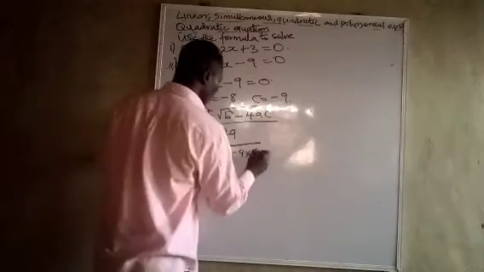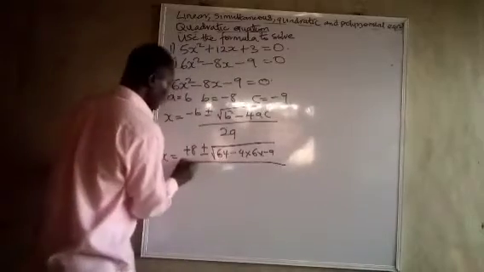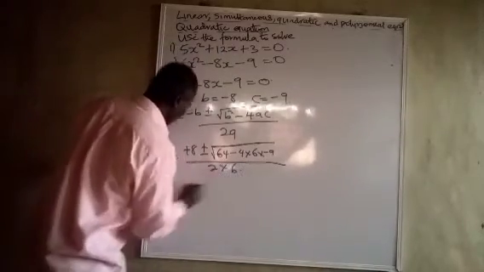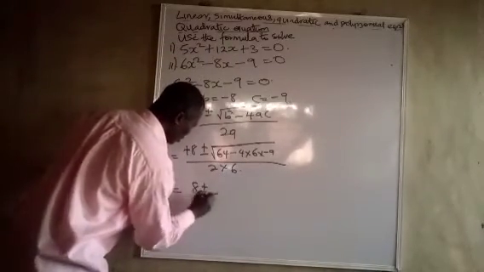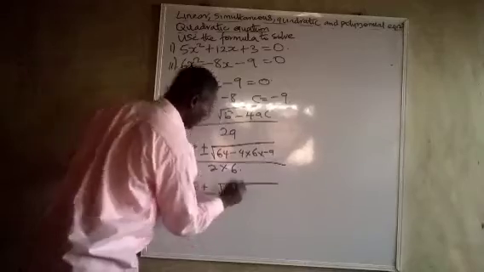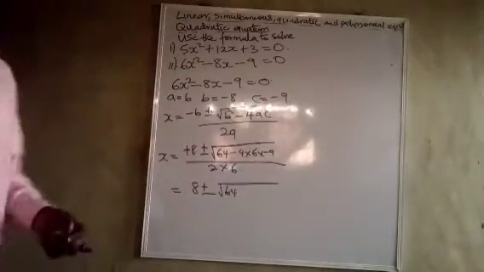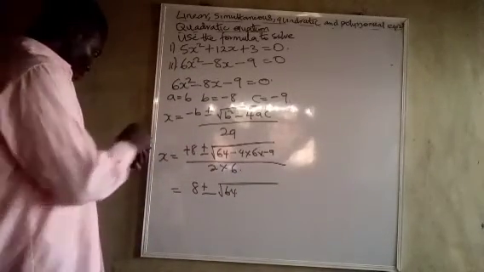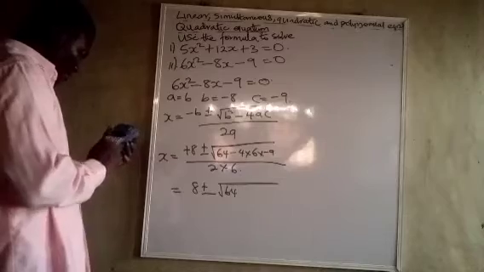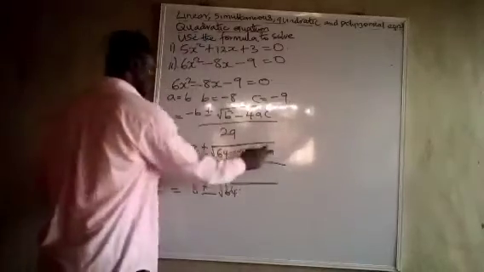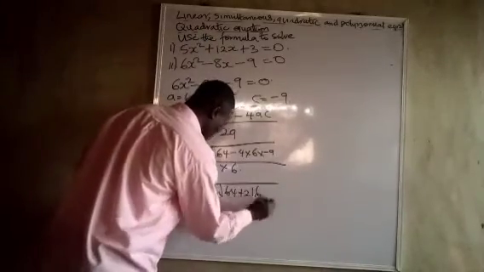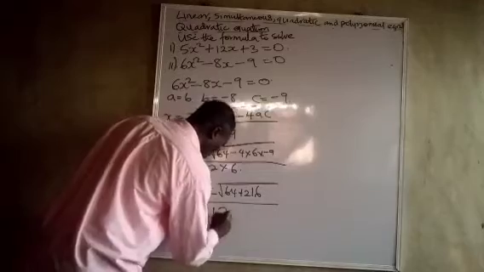What is our c? Minus 9, divided by 2 times 6. And that's going to give me 8 plus or minus 64. 4 times 6 times 9, that's 216. You can see this one and this one has made it positive. So plus 216 divided by 12.